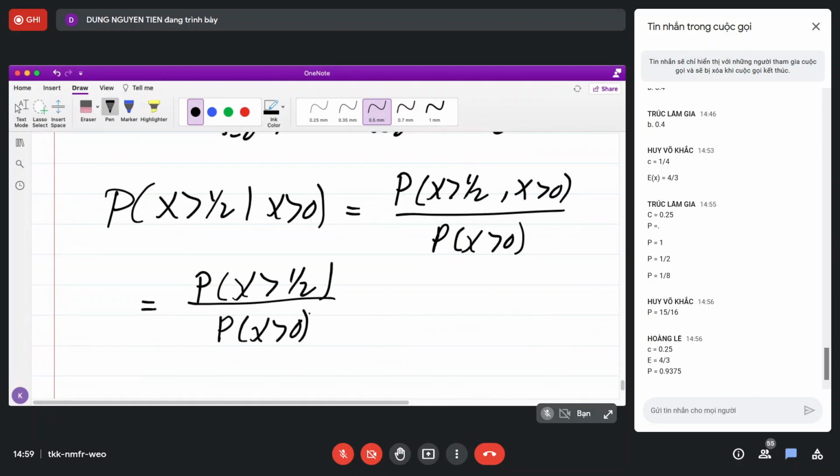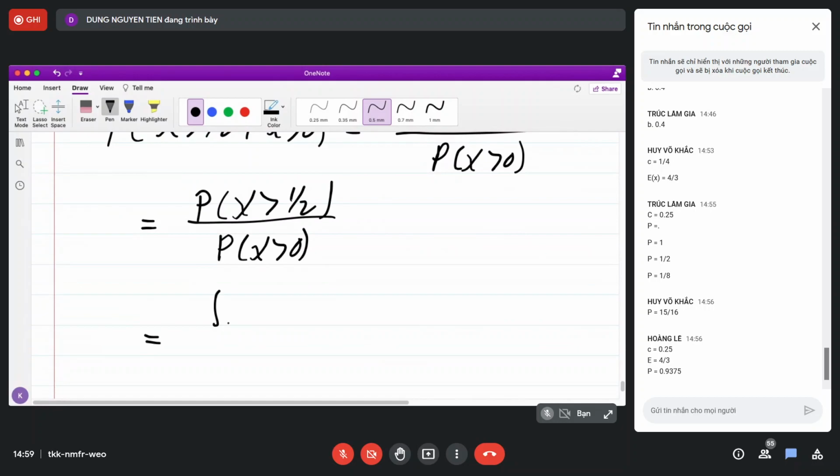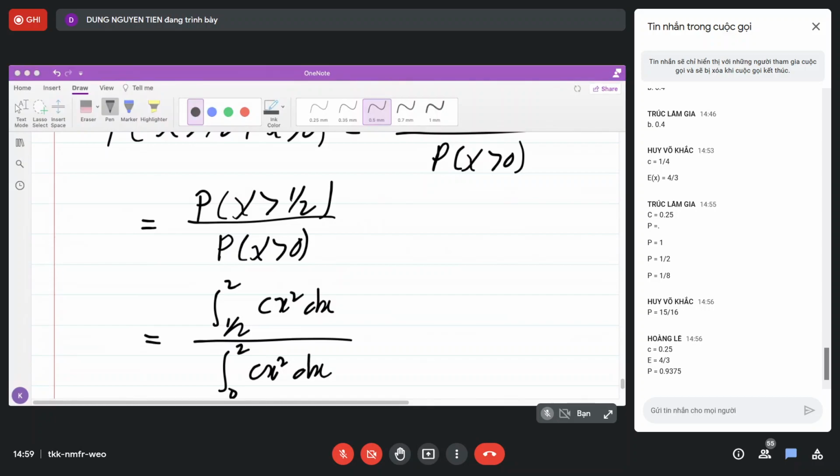Do you understand? And then you get the integral from 1/2 to 2 of c x dx over the integral from 0 to 2 of c x dx. Is that all clear? Okay.